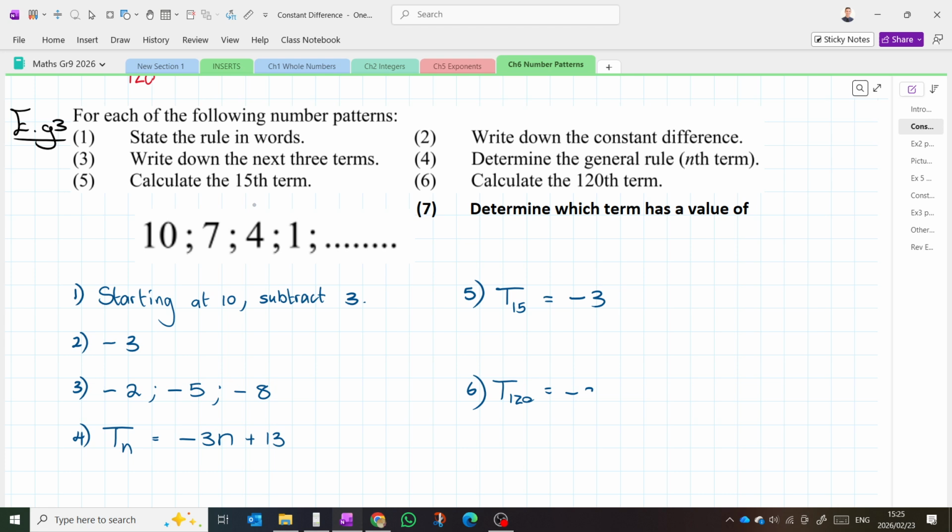You're going to use your general rule and you are going to simply substitute the term values that they are giving you, the term numbers. So the 15th term and the 120th term. And we can go and calculate those quickly.